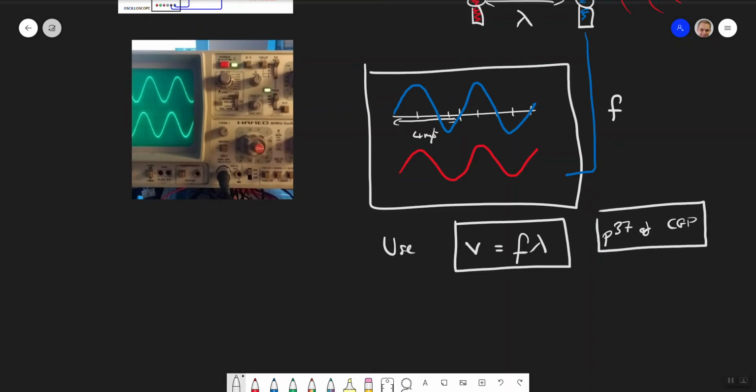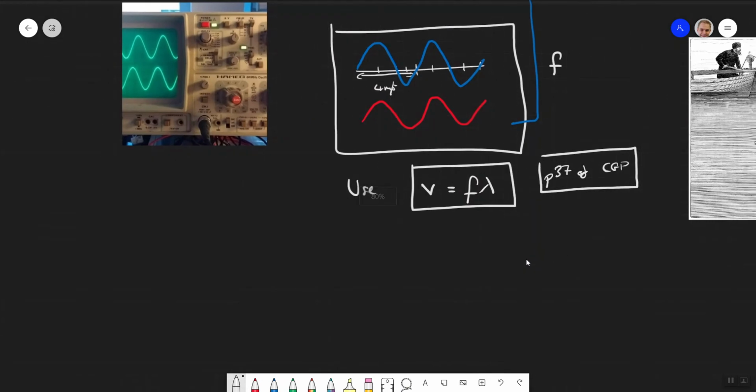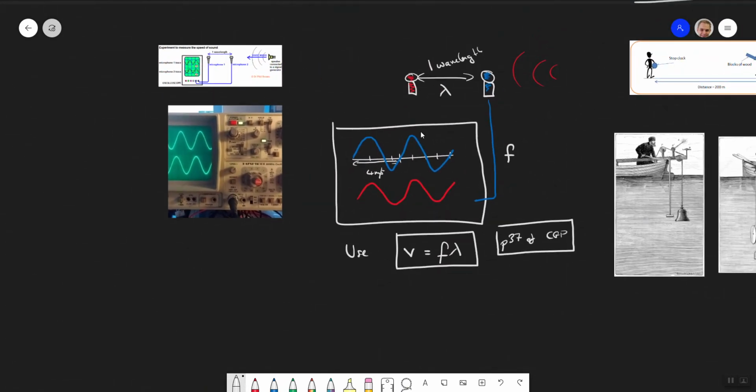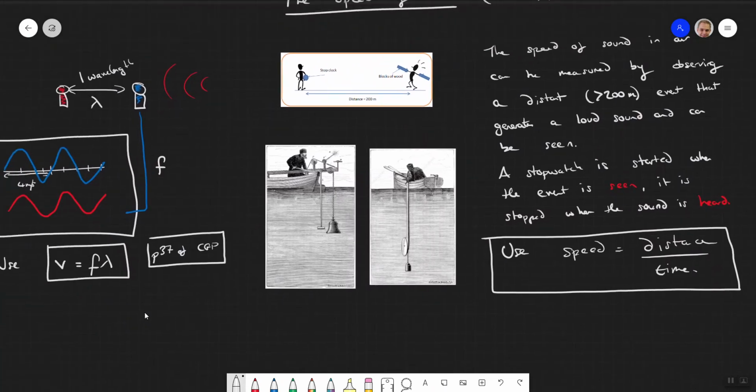Essentially, by making sure you've got two microphones one wavelength apart, you can measure lambda, measure the time period, calculate frequency, and from that use v equals f lambda. This is a much nicer way of doing it.